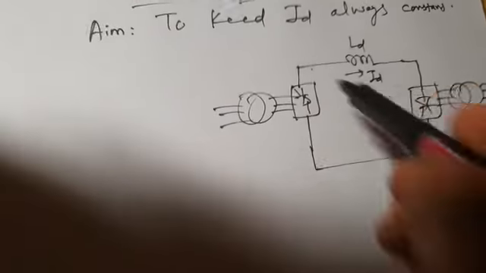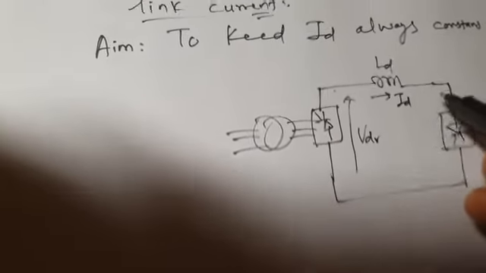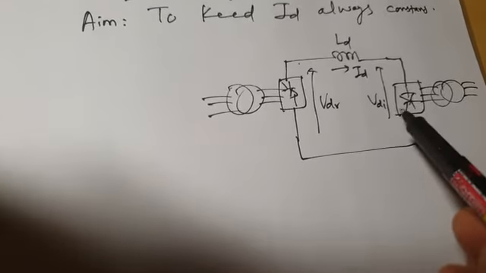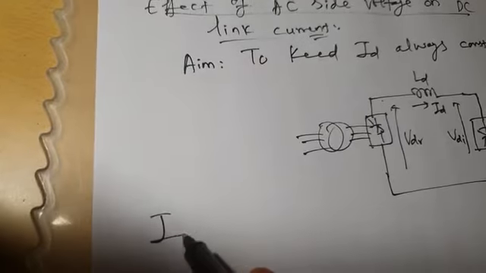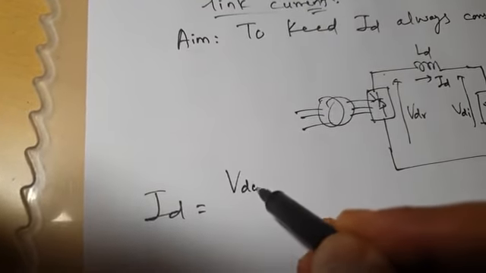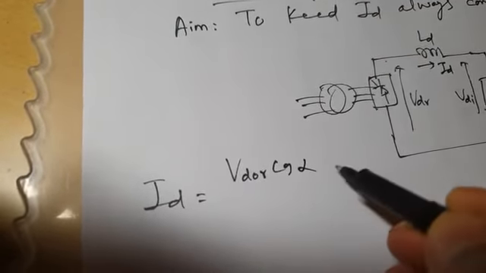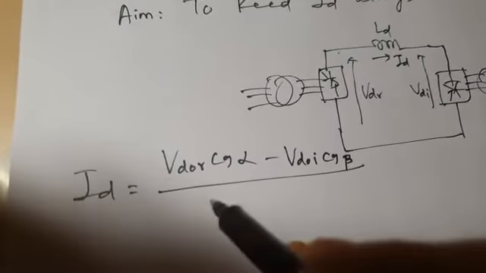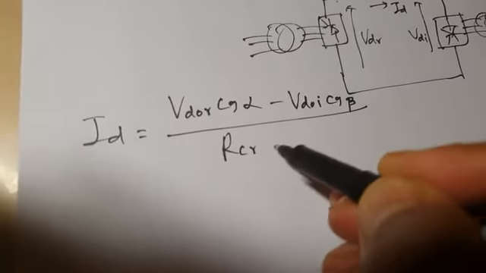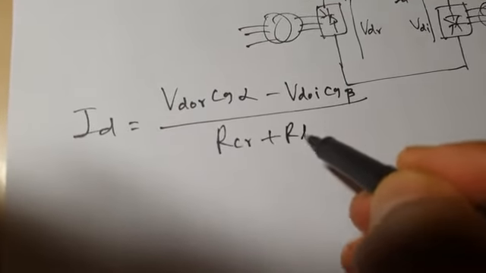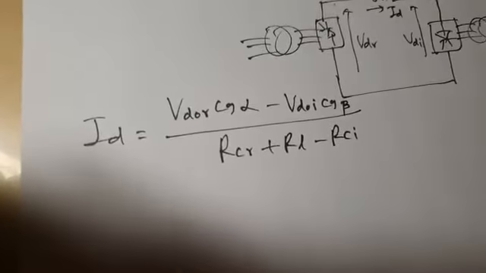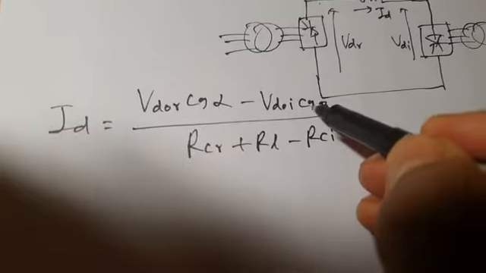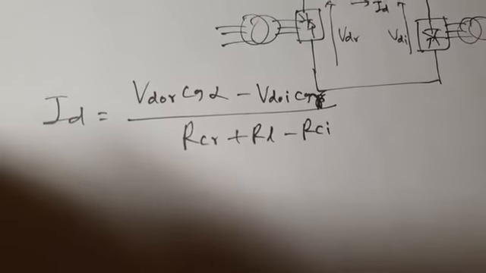Now this is VDR and this is VDI, and we already know that the DC line current ID is (VDOR cos alpha minus VDOI cos beta) divided by (RCR plus RL minus RCI). If gamma control is taken, it is cos gamma here, not cos beta.